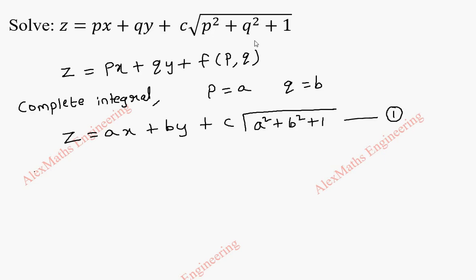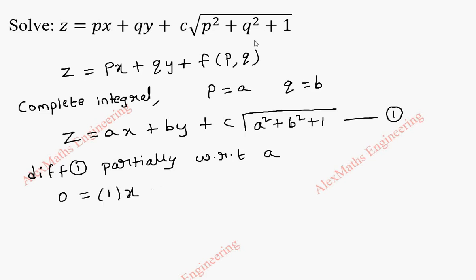Now to get the singular integral, we have to differentiate the first expression partially with respect to the constant a. So z differentiation is 0, a differentiation is 1 and the constant x will be as it is. by is fully constant, so it is 0. c is a constant which stays as it is.